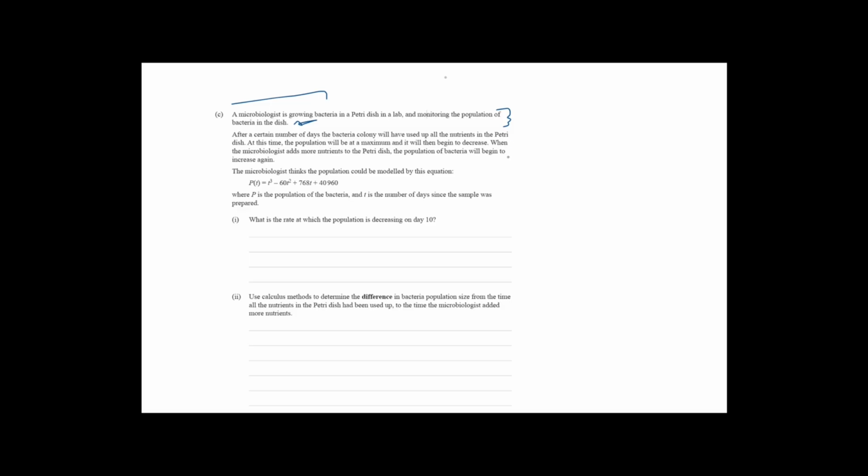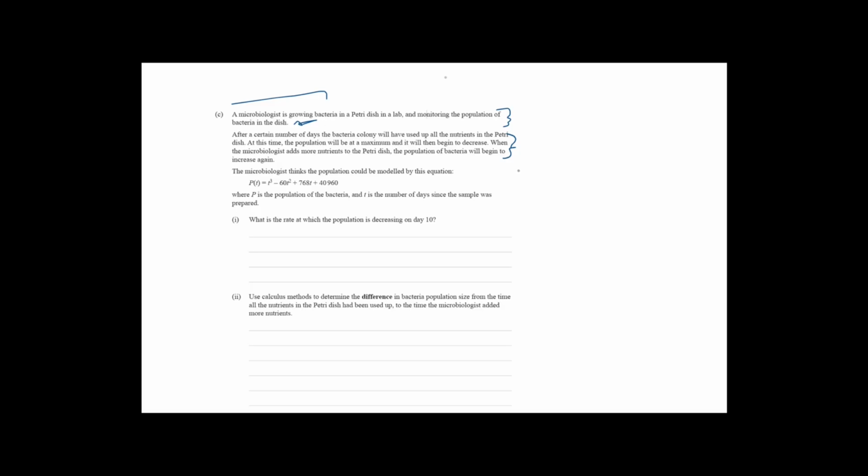When the microbiologist, a really tiny biologist, adds more nutrients to the petri dish, the population of bacteria will begin to increase again. So this monster is going to starve them to death and is then going to start giving them sugar water so that they start multiplying.